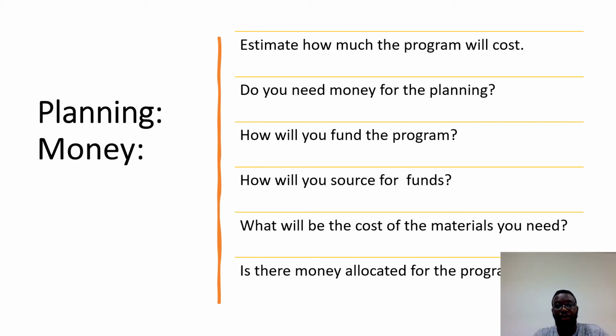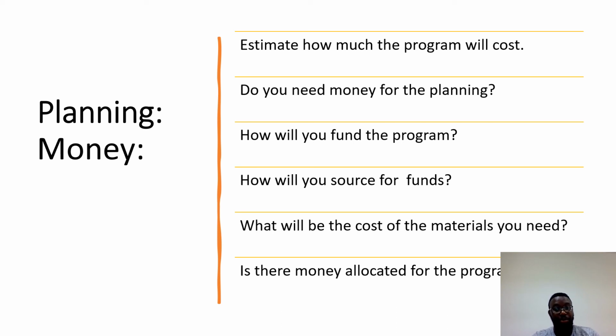Now, the last thing we will be talking about in this stage will be about money. Okay, now you've decided everything that you need to decide concerning this program. The next thing you ask yourself is questions relating to money. You have to estimate how much this program will cost you. Will it cost you money, or will you be able to run the program without money?